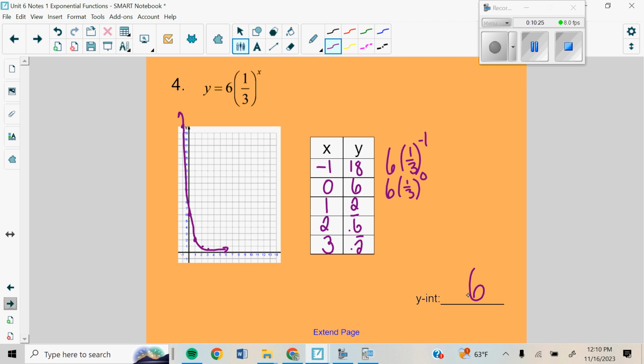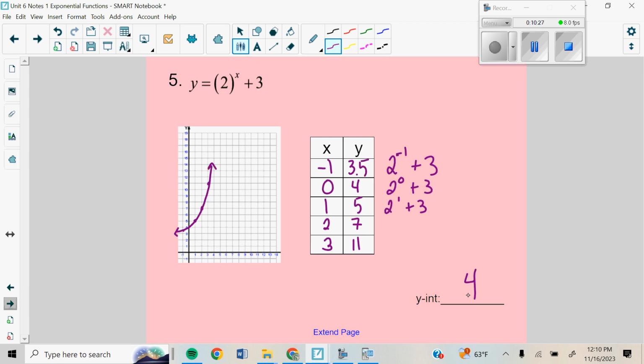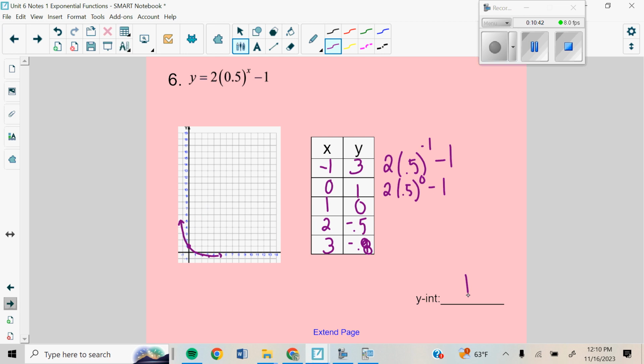Here, my y-intercept was up at 6. But notice, once I start to add or subtract something, then that's going to affect the y-intercept a little bit differently. Because 2 to the 0 power is 1, and then we add 3. So adding something changes that differently. Here, I multiplied and I subtracted, so then that changed it differently.